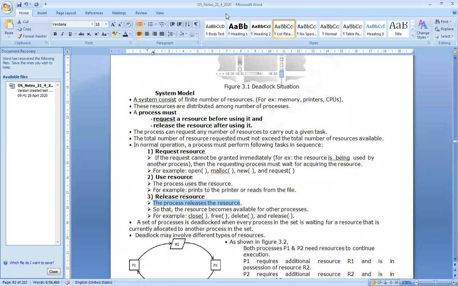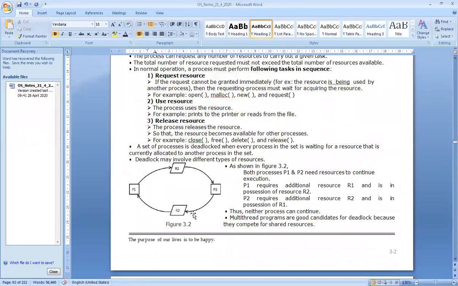For example, we use functions like close, free, delete, and release. All these functions are used under release of resource. So like this, the three major tasks in sequence we should follow: request of resource, then use of resource, then release of resource.